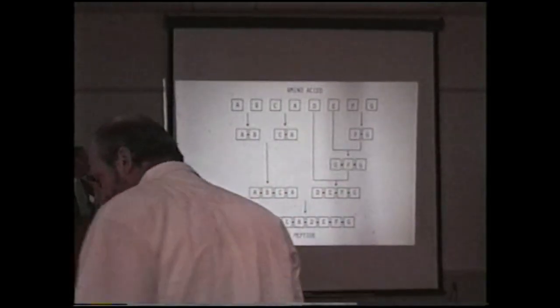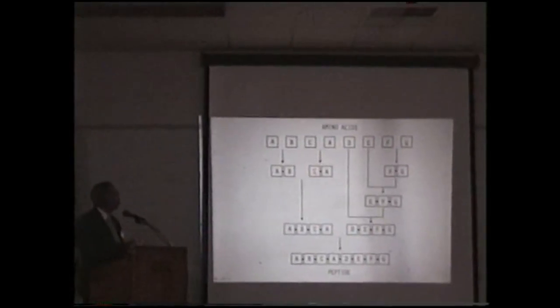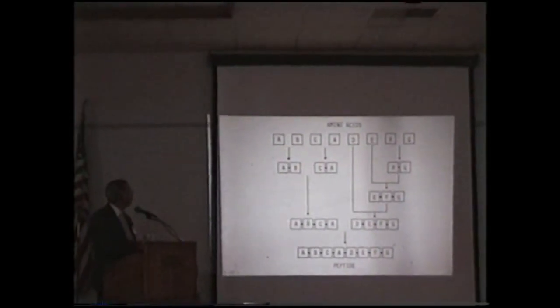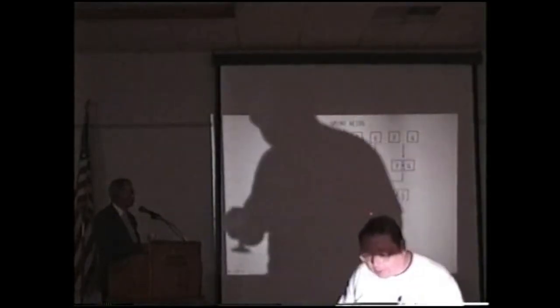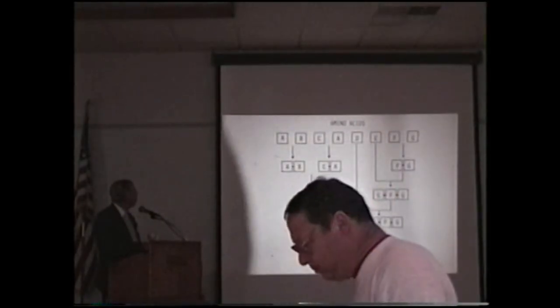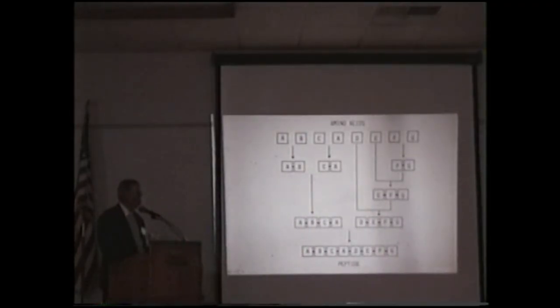Okay, so now you have your two units here, and then you join them and make a tetrapeptide, and the same thing over here, some combination, and finally put these 2 together to form the full compound that you're trying to make. Now what you had to do, you carry these reactions out in solution. All the reagents are soluble and the reactions occur in solution.